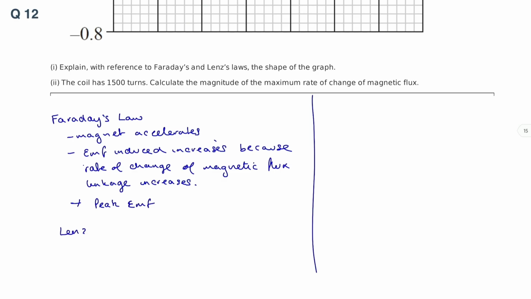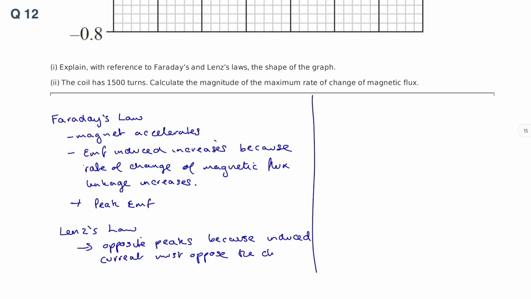Lenz's law explains the two opposite peaks, because induced EMF or induced current must oppose the change that causes it.